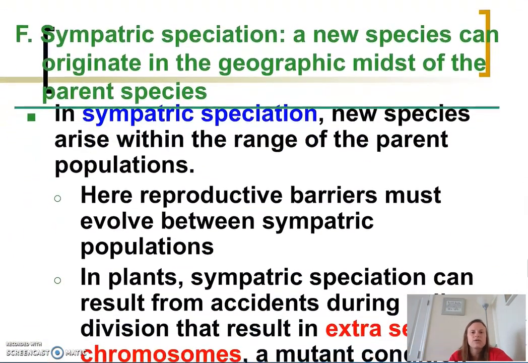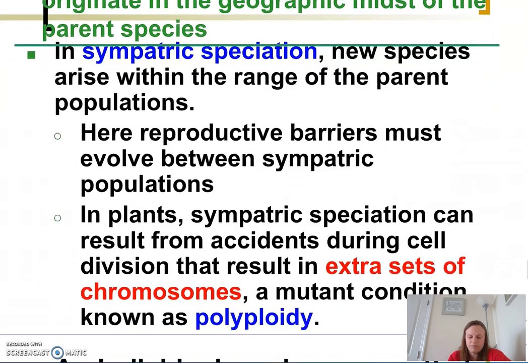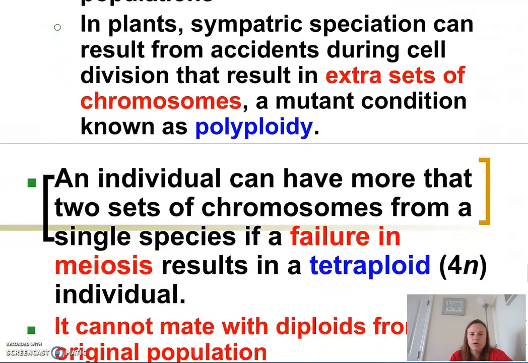Okay, so let's take a greater look at sympatric speciation. Sympatric speciation occurs when a new species seems to arise within the range of the parent population, and it's usually due to a mutant condition known as polyploidy, where the organism has an extra set of chromosomes.